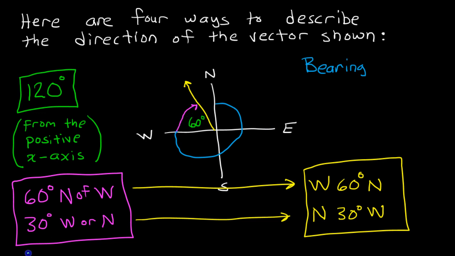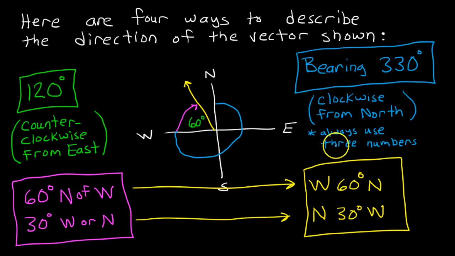If I go 60 more degrees, that's going to be a total of 330 degrees. So another way of describing the direction of this vector would be to say bearing 330 degrees. Again, this bearing 330 degrees was measured clockwise from north.